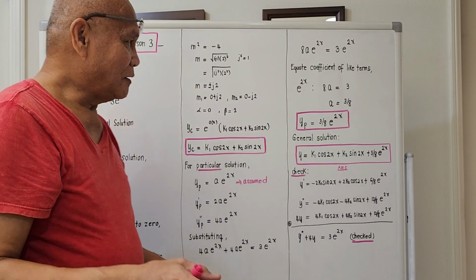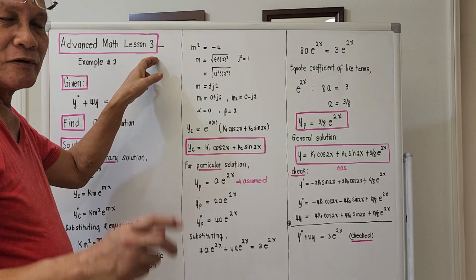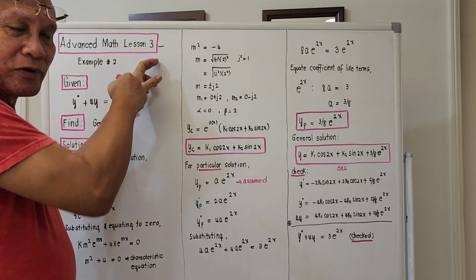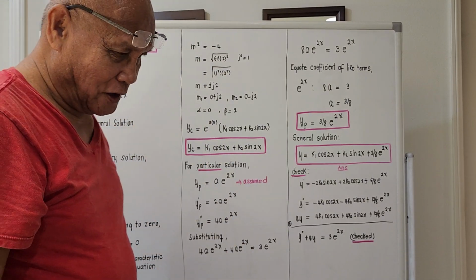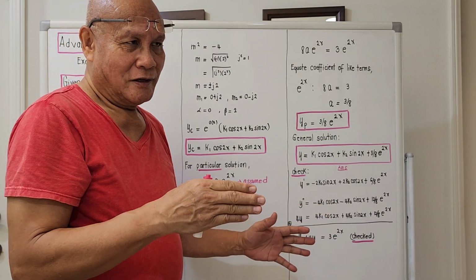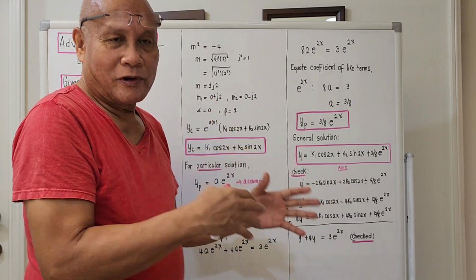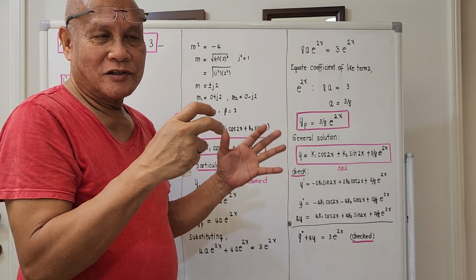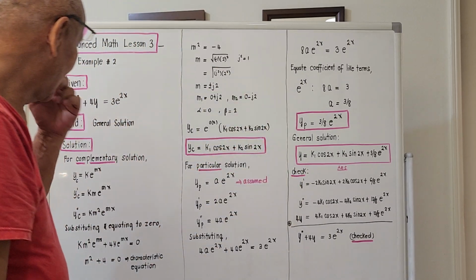So as you notice, lesson number 2, the past one, and number 3 are both second order non-homogeneous differential equations. Maybe the next topics will be a third order derivative, because I have already given you 2 examples on the second derivative non-homogeneous. Okay, let's proceed.